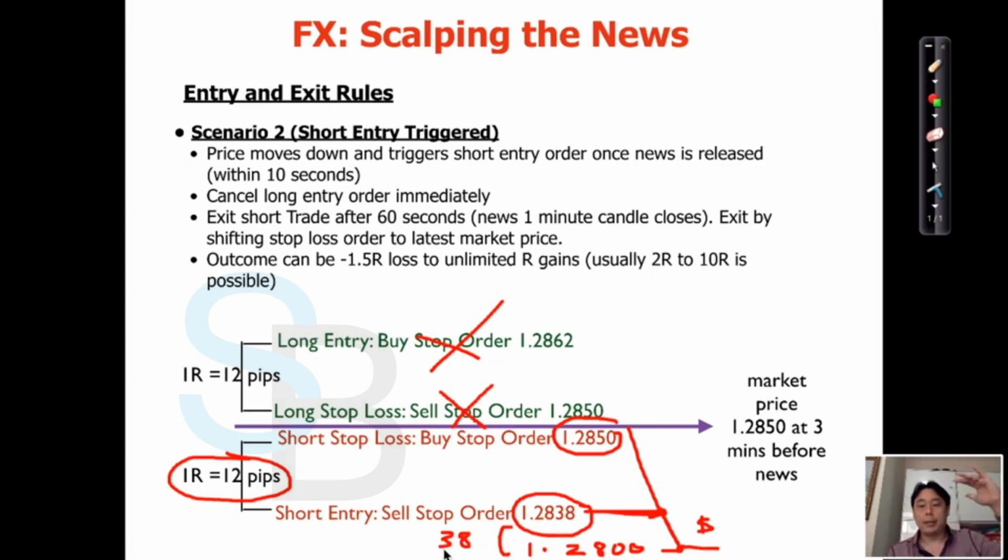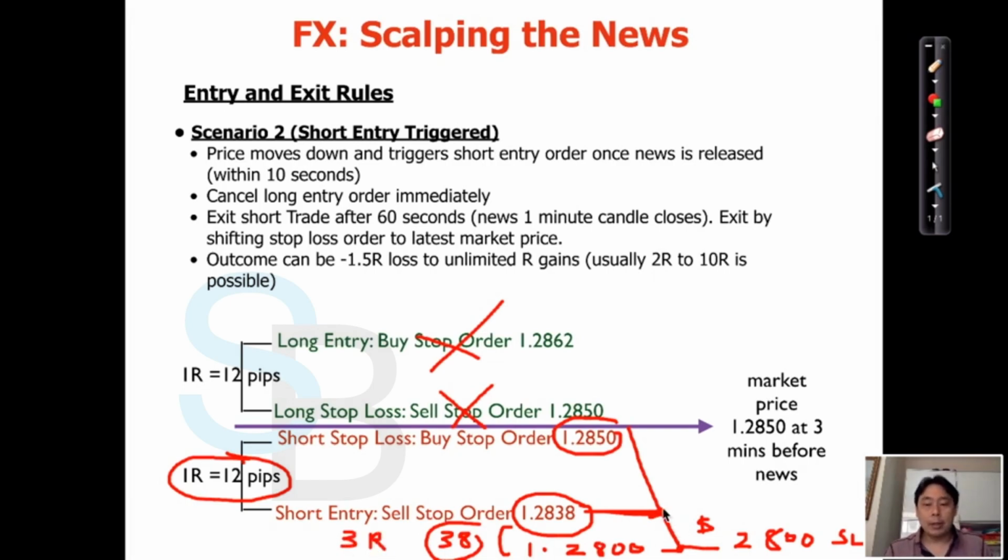We are 38 pips in the money. So to protect our profit, what do we do? We shift our stop loss from 2850 down to 2800. Okay, so once we shift our stop loss down to 2800, if it gets hit, we will exit with a 38 pip win. Okay, and again, we have risked 12 pips to make 38 pips. So that is a 3R profit.